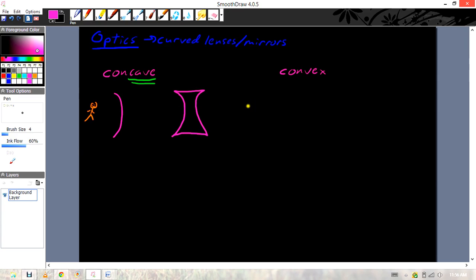So if I have the object over here, it would cave toward it that way. If I have an object over here, it caves toward it this way.